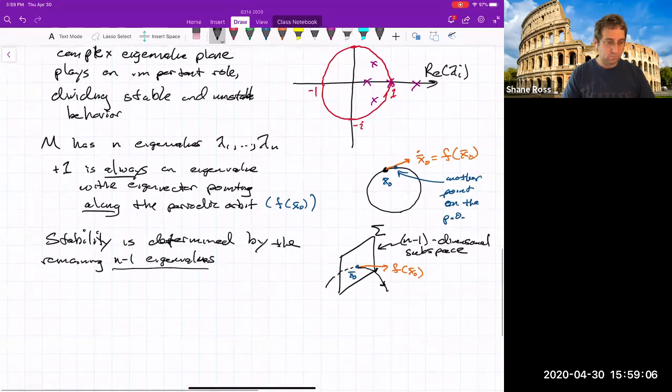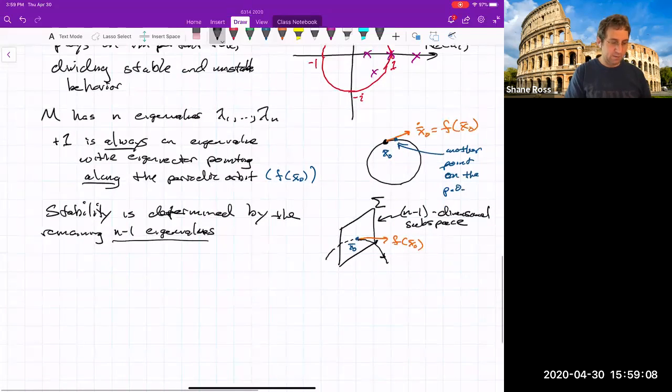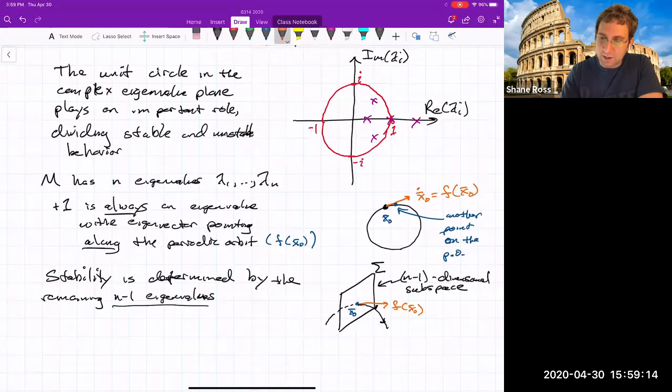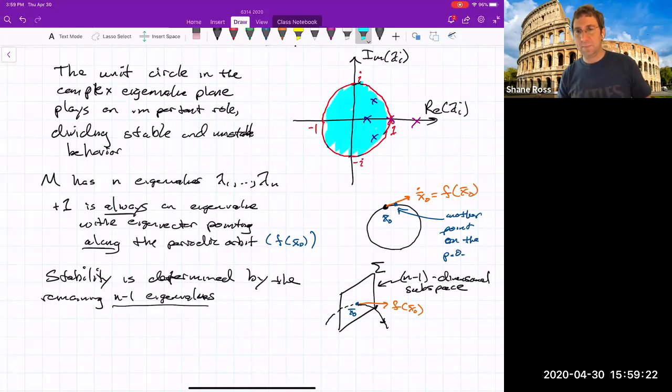Okay. So what about these other eigenvalues? Well, I could plot it here with this unit circle stuff. If you're inside the unit circle, that corresponds to stability. These being multipliers, these will correspond to directions in which the perturbation magnitude will actually shrink each time, because we're inside the unit circle.